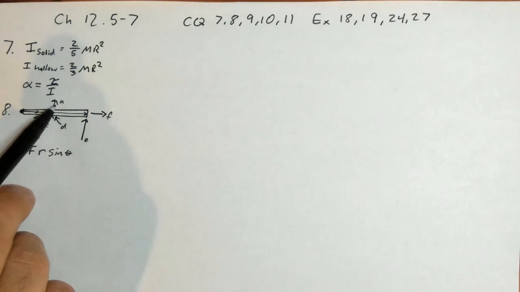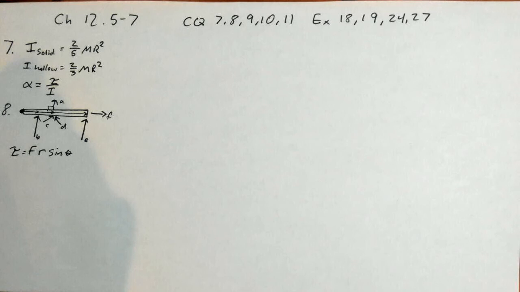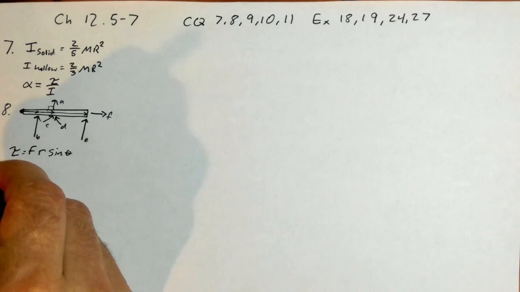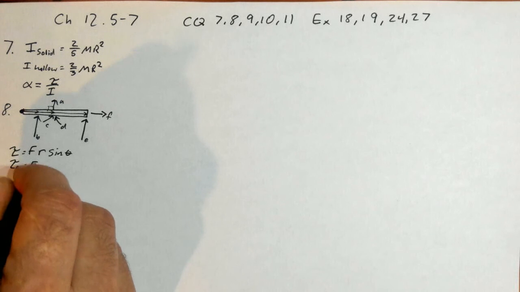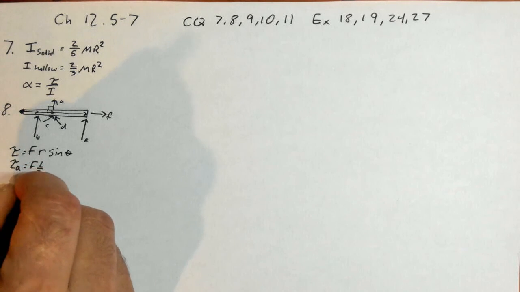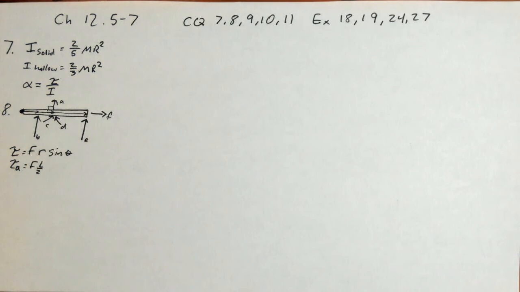A is pointing straight up, which means the angle that it makes with the r vector is 90 degrees. So tau A is F, that's a distance of L over 2, and then sine of 90 is 1, and so I just get FL over 2.